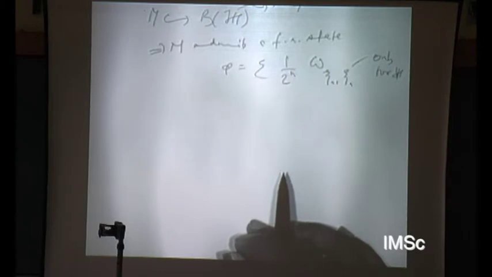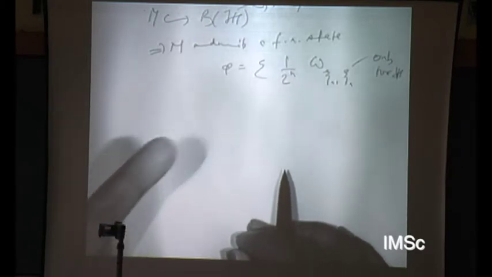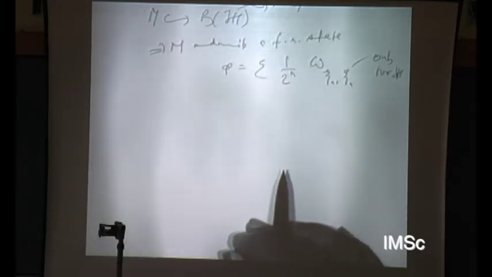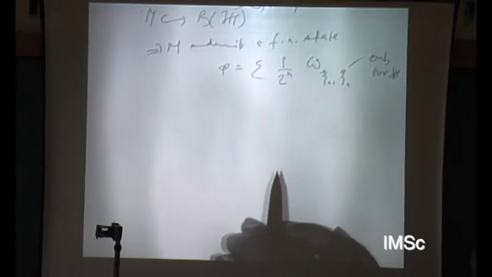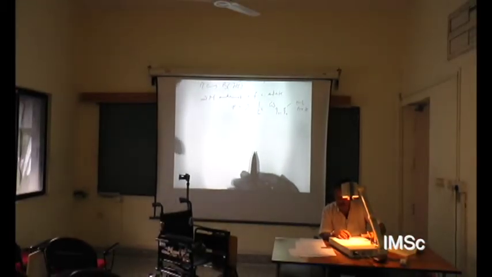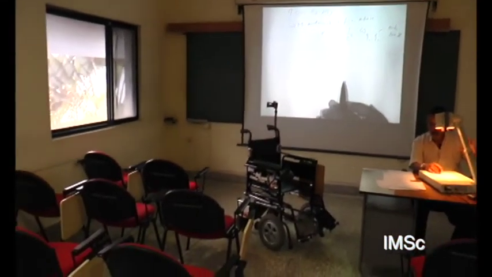That means the dimension of H phi is the same as the dimension of M, and in particular, it is finite dimensional. So if M is a finite dimensional von Neumann algebra, at the end of the long story, I can embed that into an M n of C.